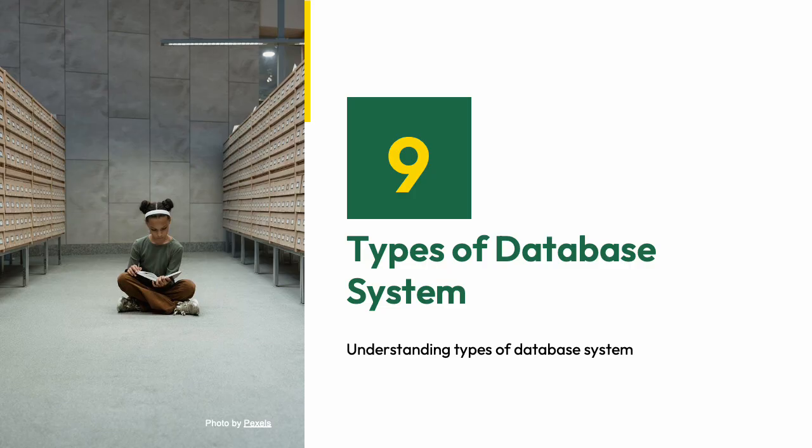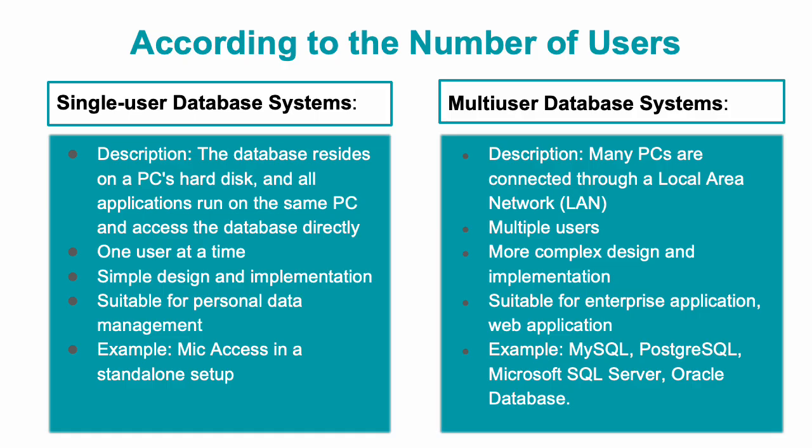Next, let's move to the next section. It's about the types of database systems. According to the number of users, the database system can be further subdivided into two categories. The first one is called single-user database system and the other is multi-user database system.